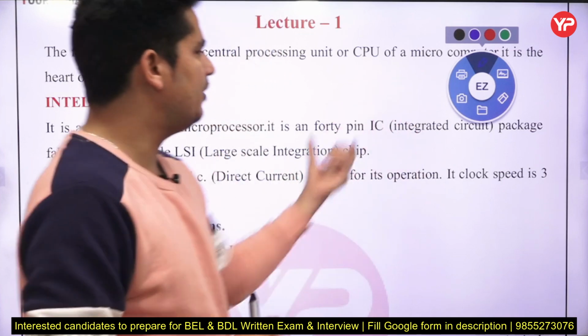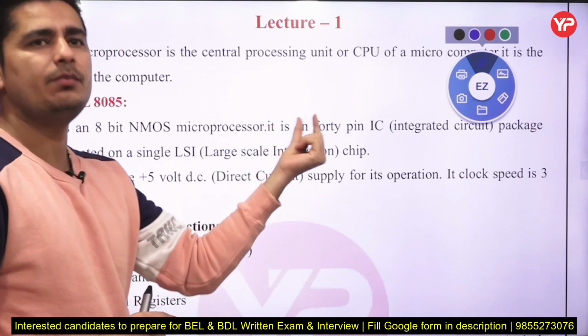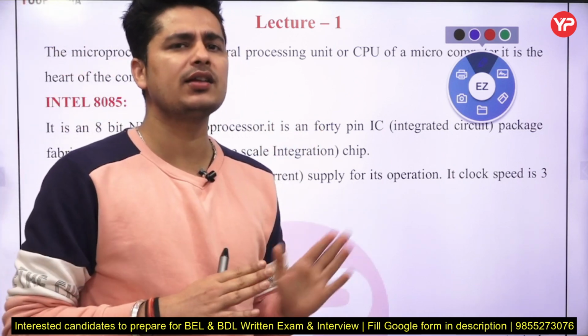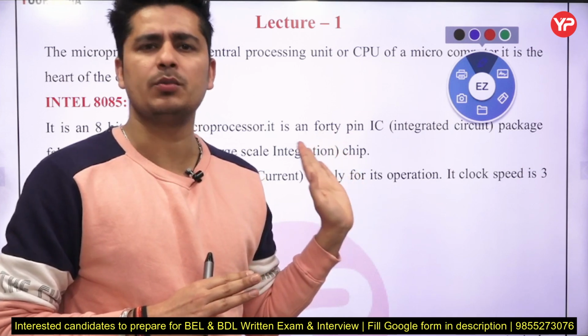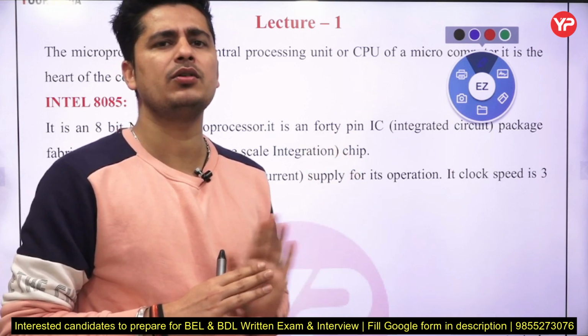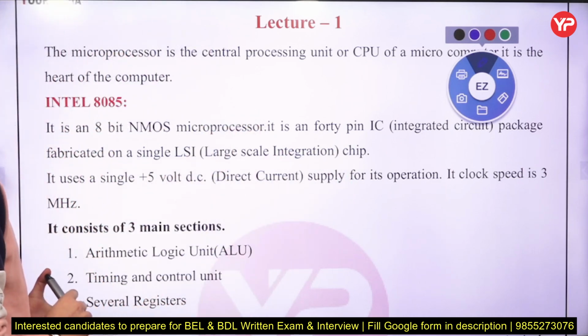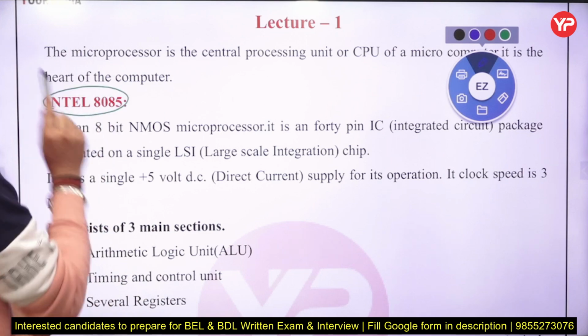The microprocessor is your CPU, but currently there are several CPUs. Current generations are higher than this. So it is the basic generation. It is an 8-bit microprocessor. We are discussing everything about 8085 in detail. This microprocessor is the Intel 8085 microprocessor.